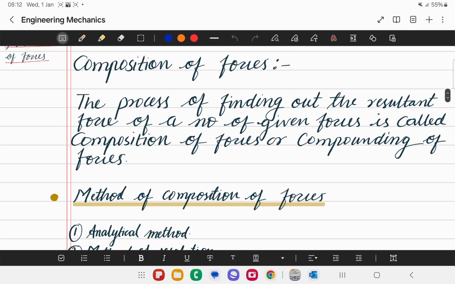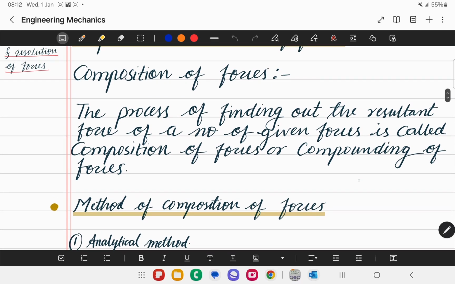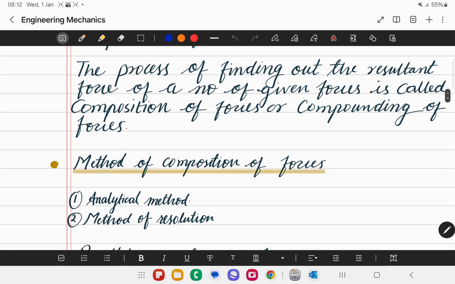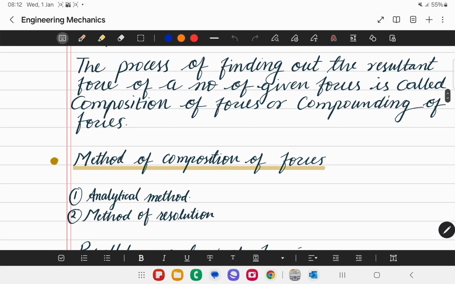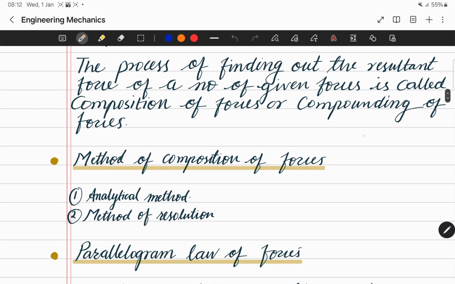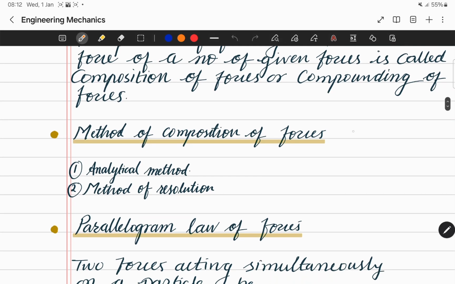Okay, so suppose this is an object. Consider this as a box which is resting on the ground, and there are two forces acting like this.